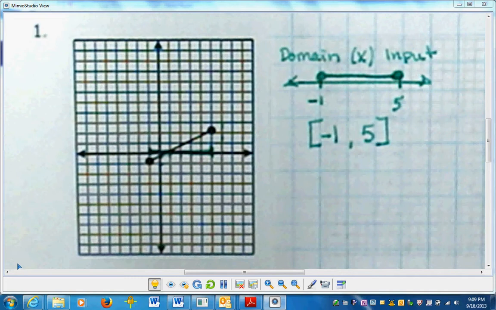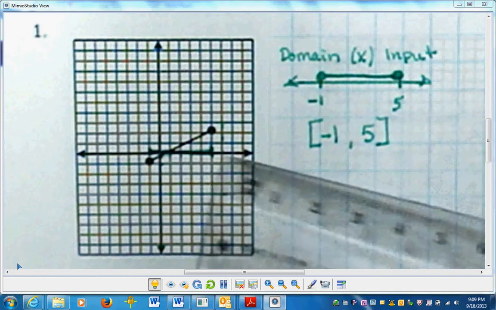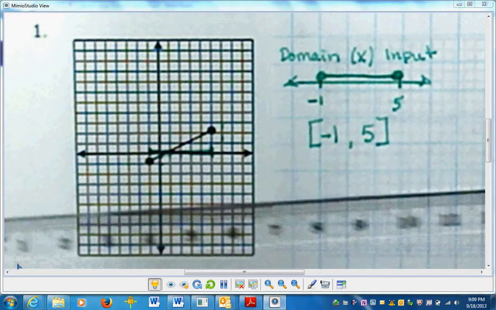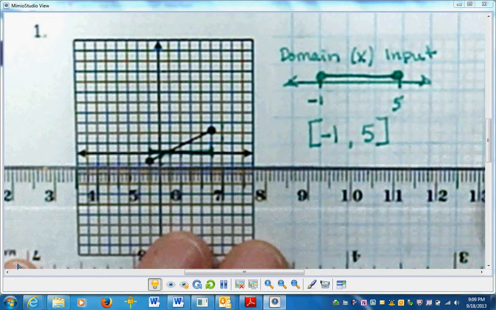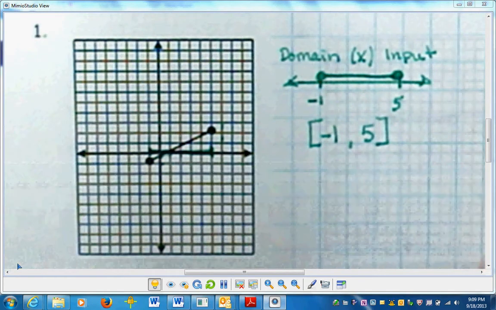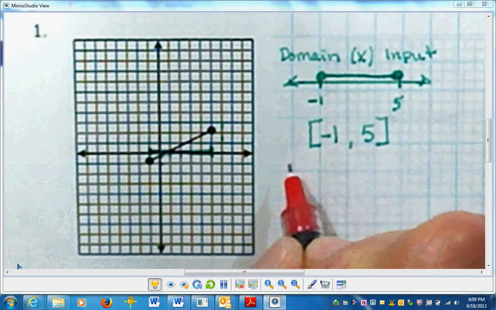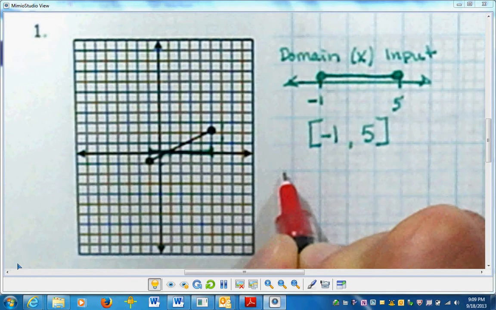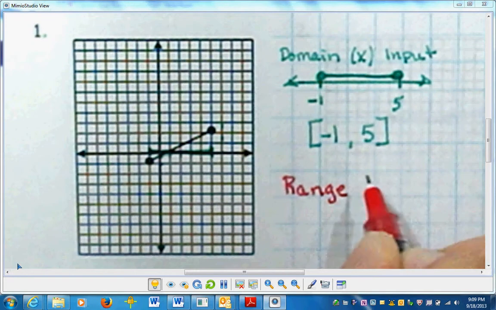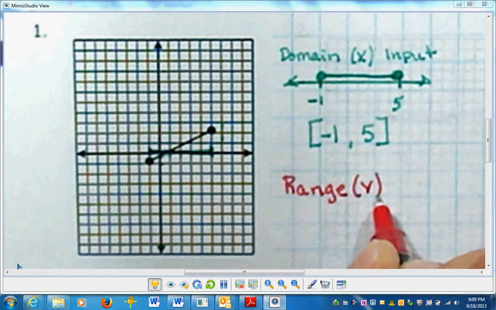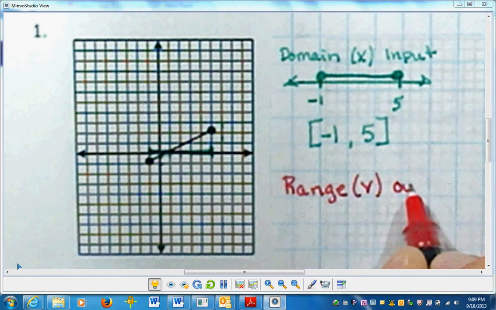So now let's look at our values of range. So with range, I want to look at the lowest possible value that my function can be. So range corresponds to my y-axis. So let's write that down. So when I'm looking at range, range corresponds to my y values, which are also my output.